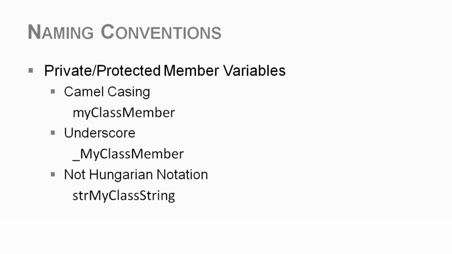What they're very sure of these days is that you don't want to use Hungarian notation, which gives you a type indicator followed by a variable name. So in this case, I have the type indicator for a string, str, and then my class string. That used to be a Microsoft standard, but they've gone completely away from that now because we have IntelliSense, so we can float over the variable and get the name of the class.